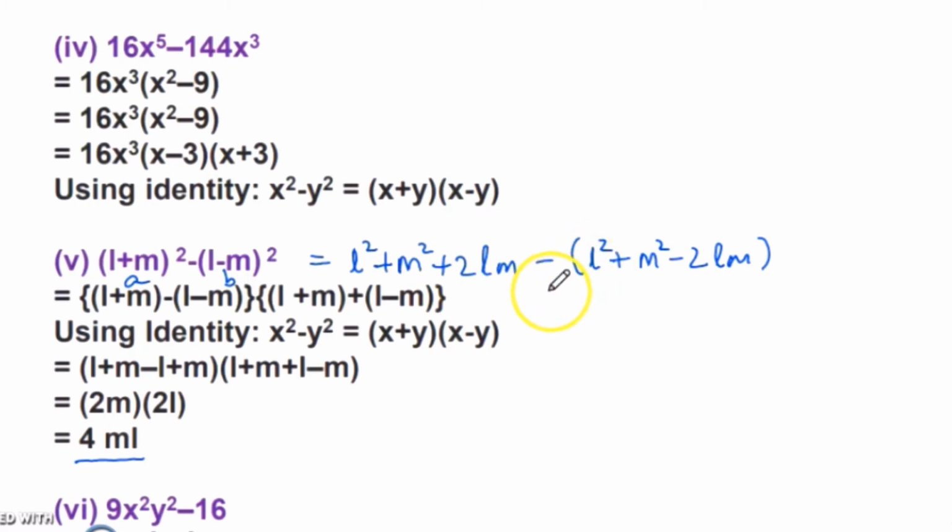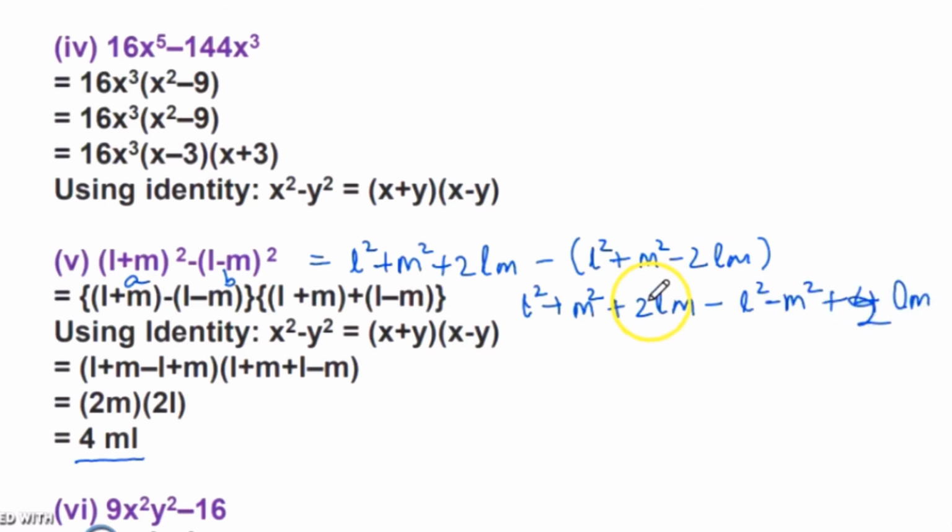Now when you open the bracket, it will be L square plus m square plus 2lm minus L square minus m square plus 2lm. This minus and minus will become plus. So this will get cancelled, this will get cancelled, and this 2lm plus 2lm will become 4lm. So you will get the same answer what you got here.